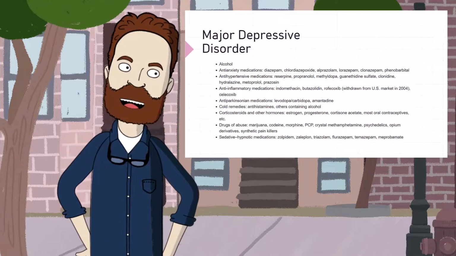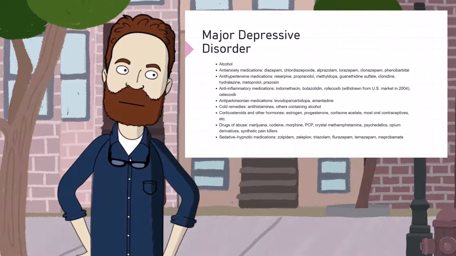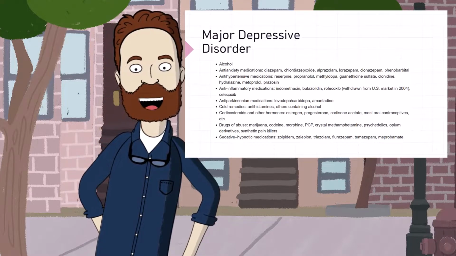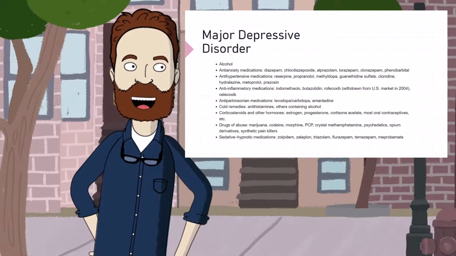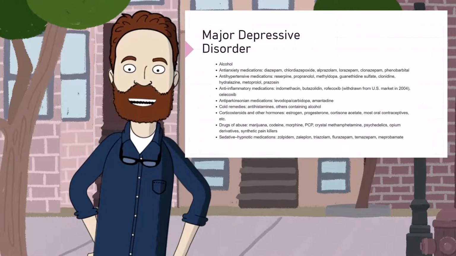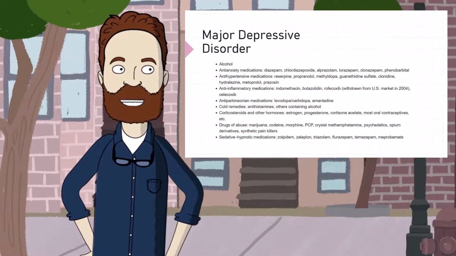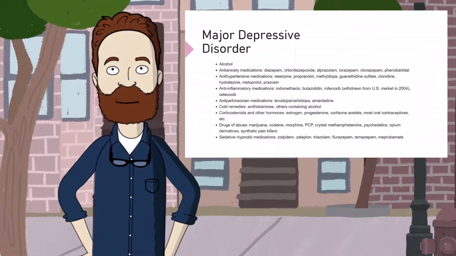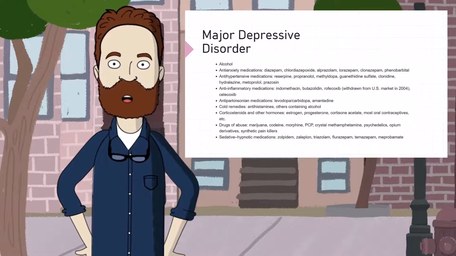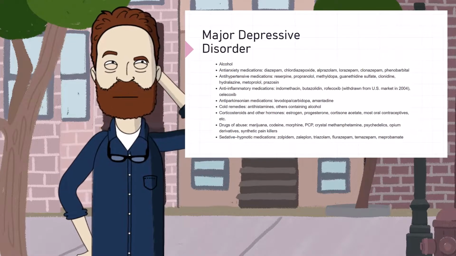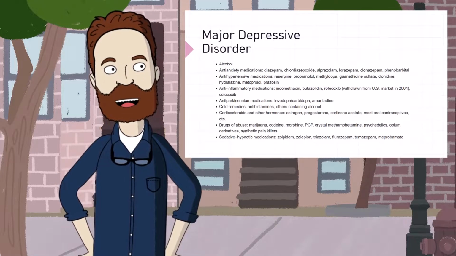Maybe an antihypertensive medication. Any anti-inflammatory medications can do this as well. Anybody who is taking anti-Parkinson's medications, that could cause major depressive disorder. Even over-the-counter cold remedies could cause it. Corticosteroids have been known to do that.